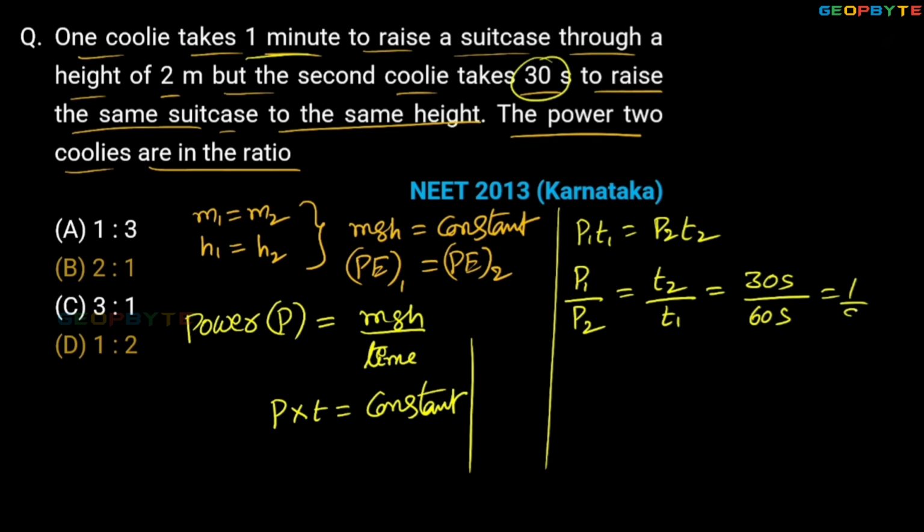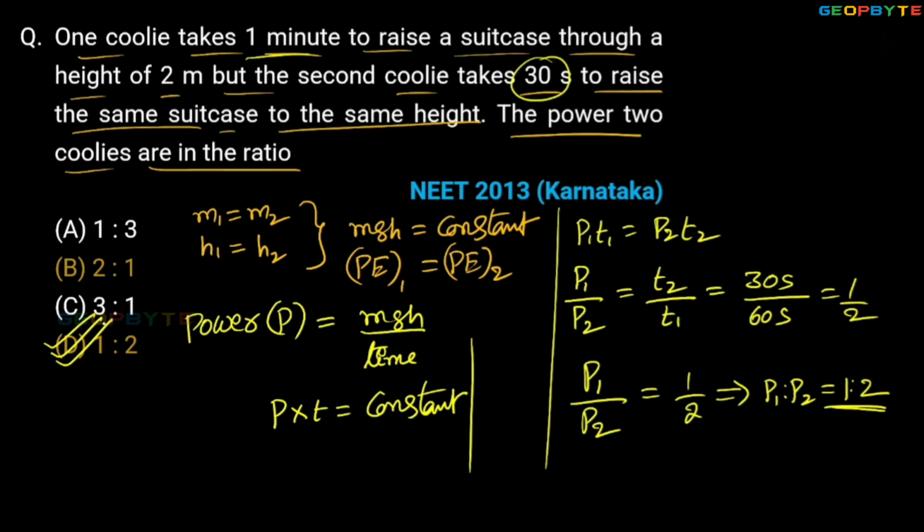It is equal to 1 by 2. Therefore, P1 by P2 is equal to 1 by 2. It can be written as P1 is to P2 is equal to 1 is to 2. Look at option D. Option D is absolutely correct. Understood clearly? Yes.